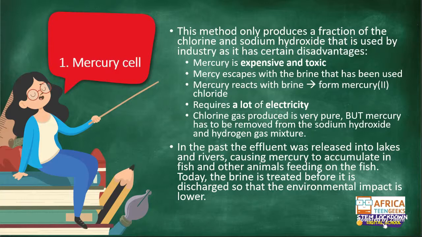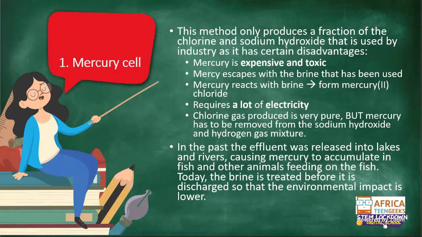They're very expensive, and obviously mercury is super toxic. So your problem is if some of the mercury was to bind with your brine or something like that and escape into the system, you have a bit of a problem in terms of toxicity.